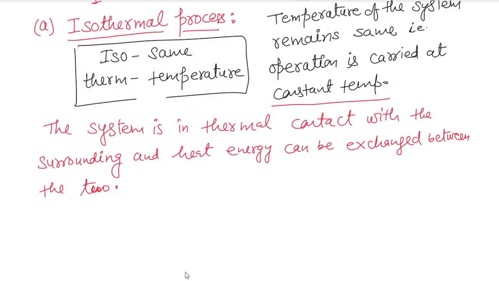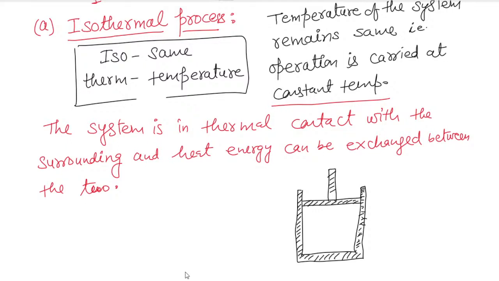Let us take the example of an isolated system. Walls are insulated. At the same time, this covering, that is the piston, is also insulated.